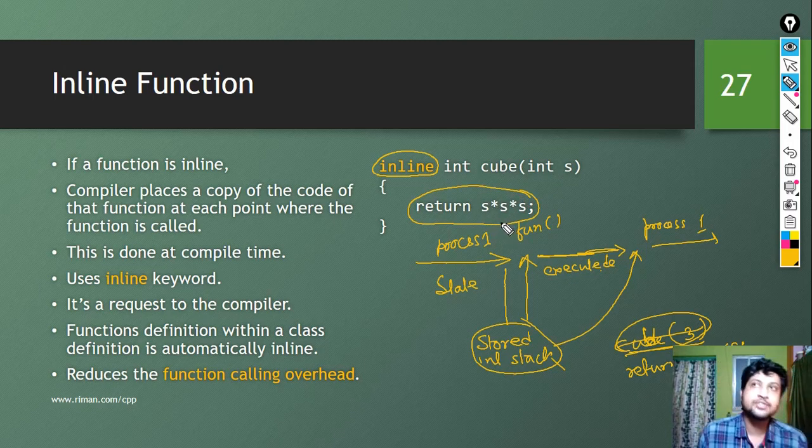If a function is defined within the class, it automatically becomes an inline function, and the compiler decides whether that inline request will be accepted or not. Whenever we define a function outside the class, it's a normal member function, not an inline function.